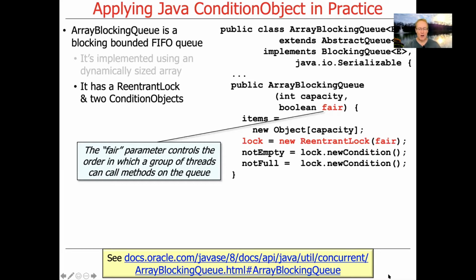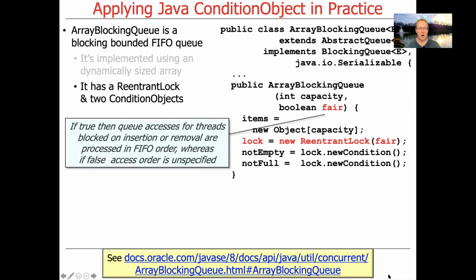As a general rule, you're better off making things not fair because it'll be more efficient. If you set the parameter to fair, then threads will block in FIFO order on the reentrant lock. Whereas if you use false, then the order in which things are accessed is unspecified, and that's usually what you want to do if you possibly can, because it's going to be a lot more efficient.